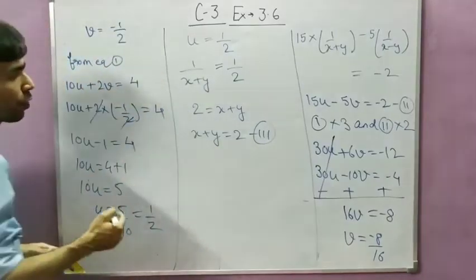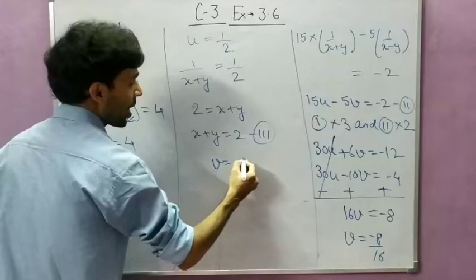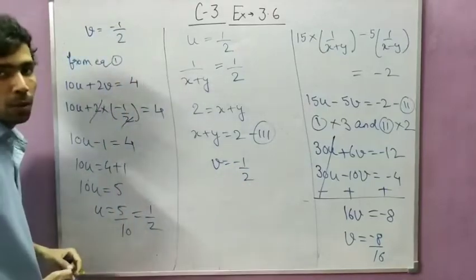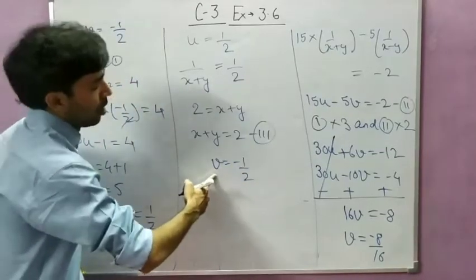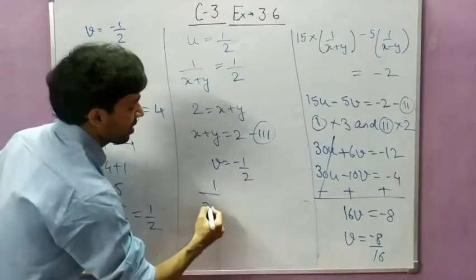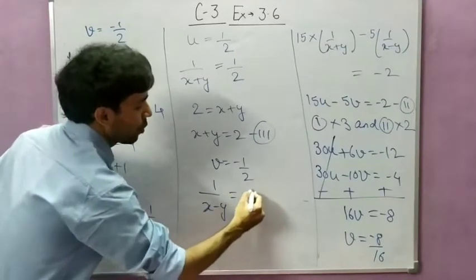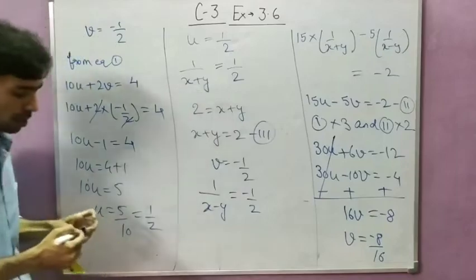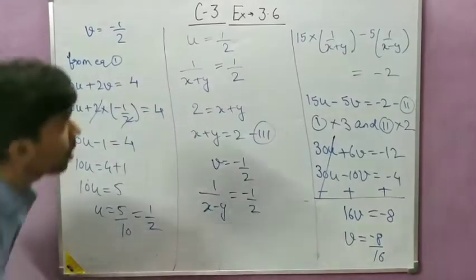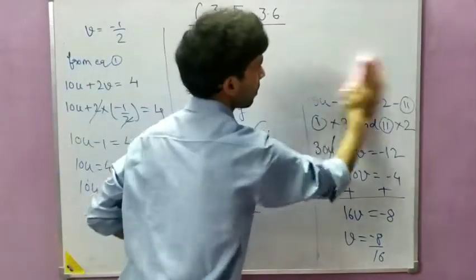Now the same we will do for v. The value of v was minus 1 by 2. Okay, so the value of v was 1 upon x minus y equal to minus 1 by 2. Now see that thing.